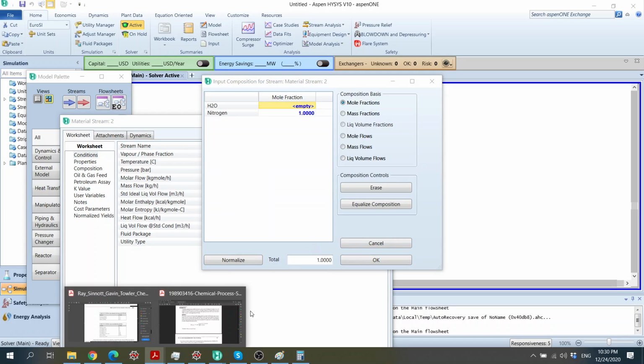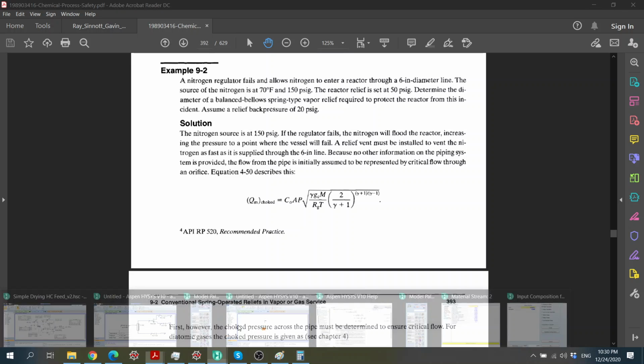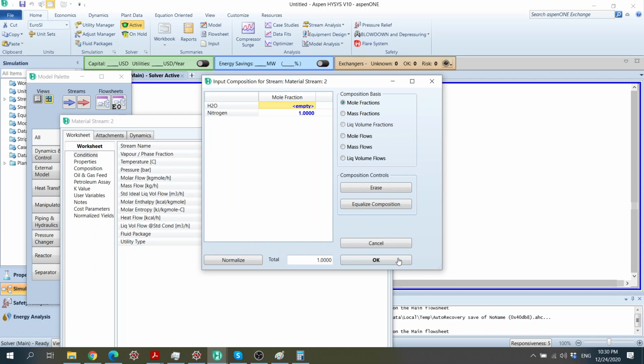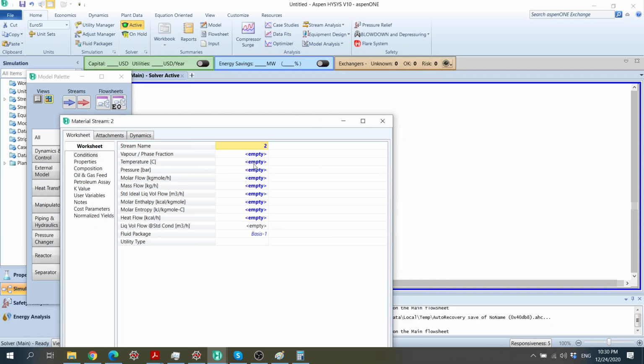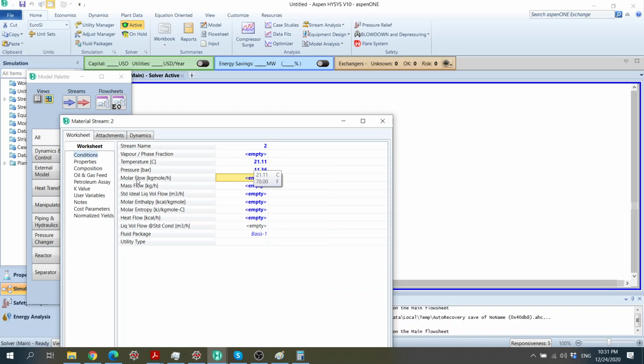And then the composition is 70 Fahrenheit, 150 PSIG.